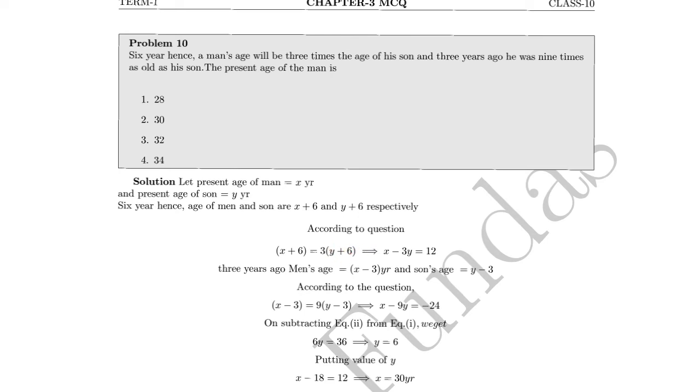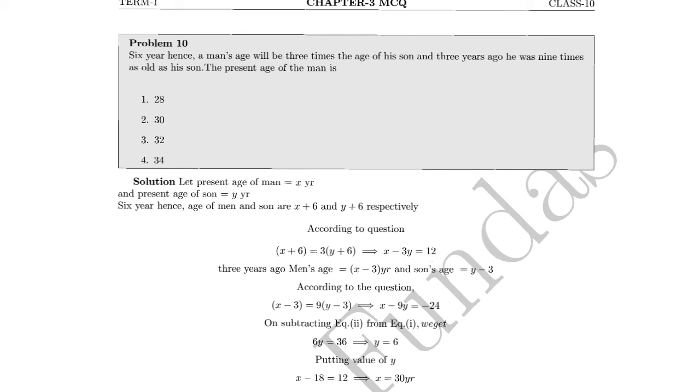That is, after 6 years, the age of the man will be 3 times the age of his son. And after transferring the constants and the variables, we get x minus 3y is equal to 12.